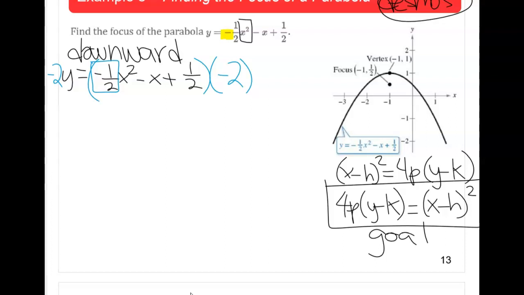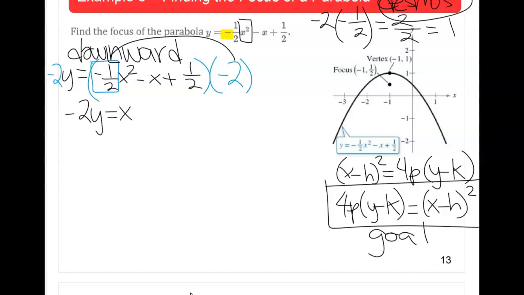So that's going to give us -2y is equal to, and if we distribute correctly, it will be -2 times -1/2, so that will be equal to 1. And that's why we chose -2, because negative times negative is positive, and then we will have 2 over 2, so that is 1. So we'll have 1x squared. Then -2 times -x will be -2x, and then we will have -2 times 1/2, so that will equal -1.